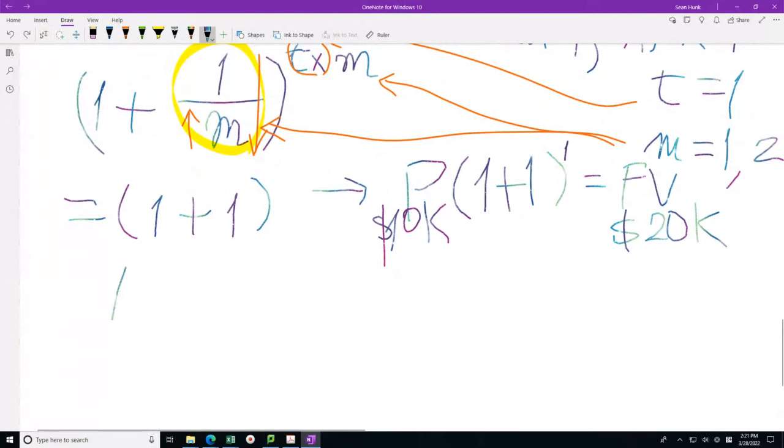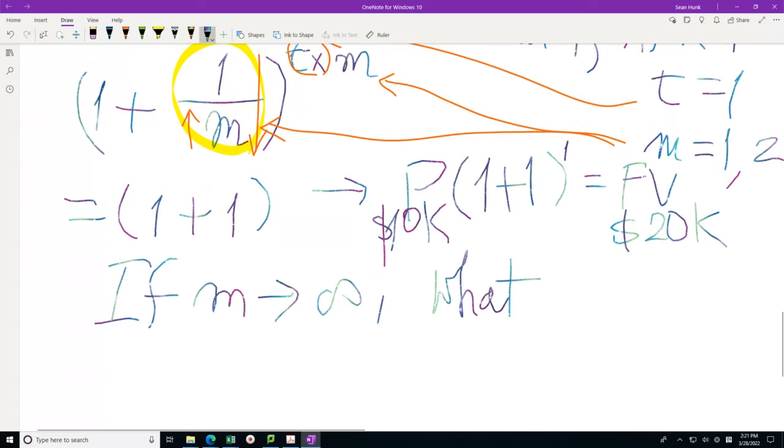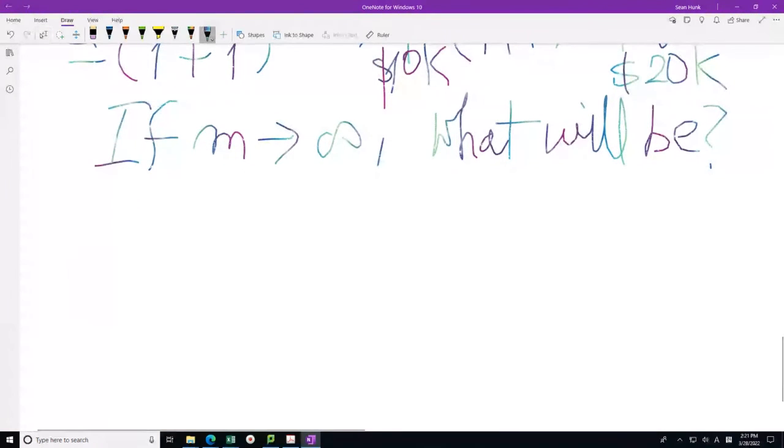In other words, if M goes to infinity, what's going to happen to 1 plus 1 over infinity?